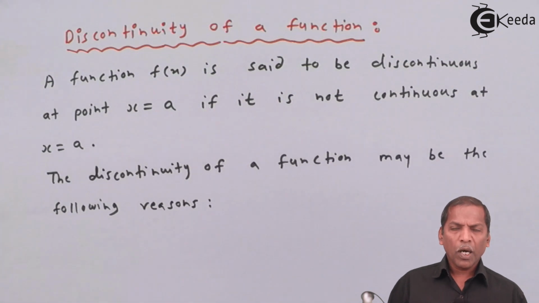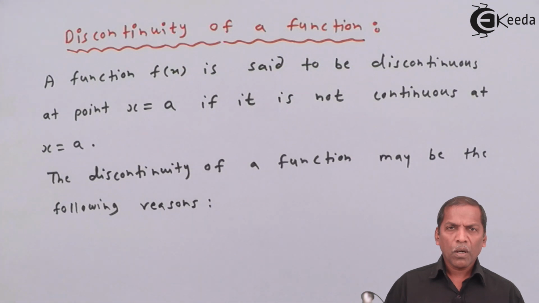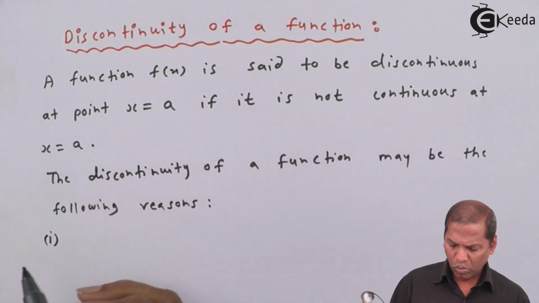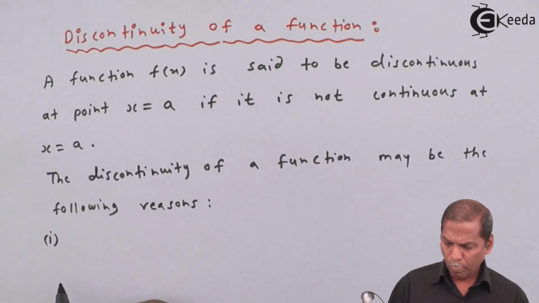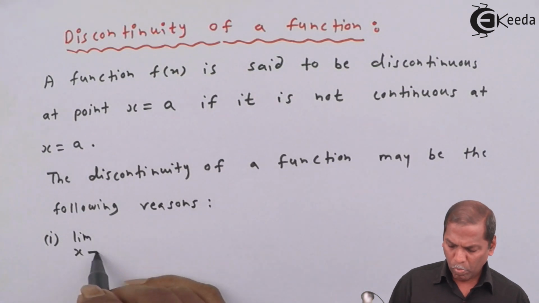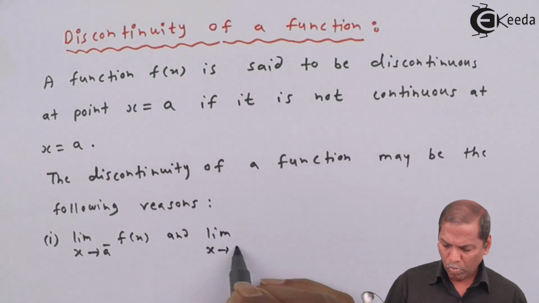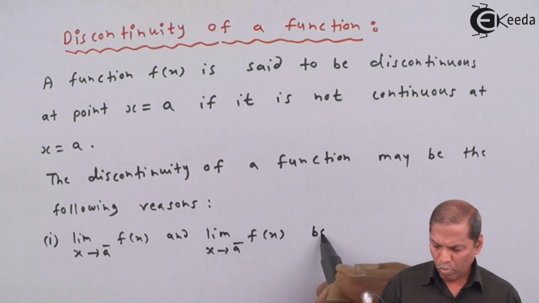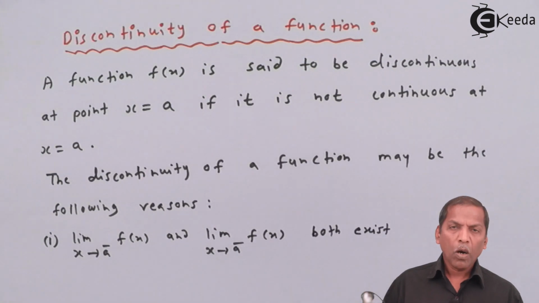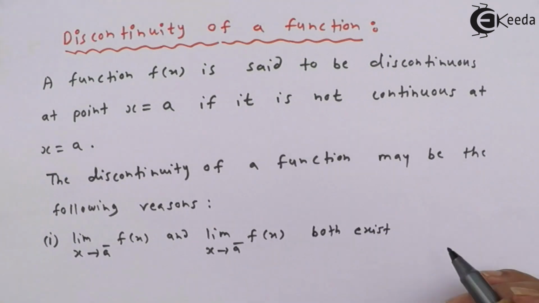Number 1, limit x tends to a plus f(x) and limit x tends to a minus f(x), both exist but are not equal.